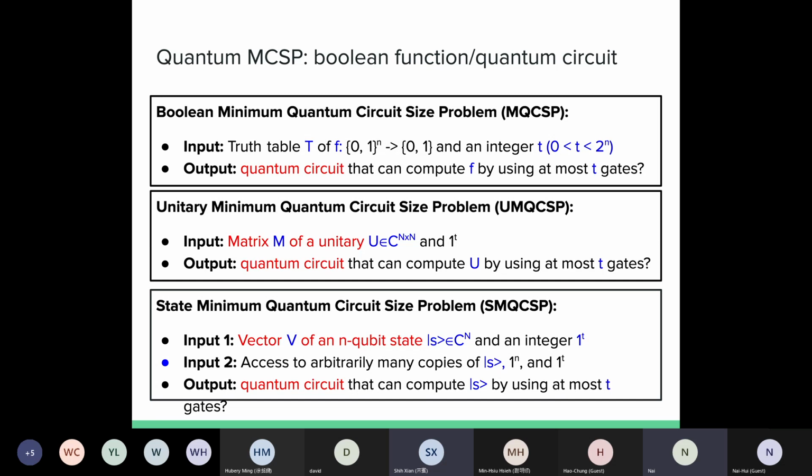And another possible way is that you are given the target unitary and you know the quantum gate. You can compute the unitary by applying the inverse of the gate, right? And then if it comes to something close to identity, then you can say, okay, the quantum circuit should be close to the unitary. Yeah, that's another way to do it.